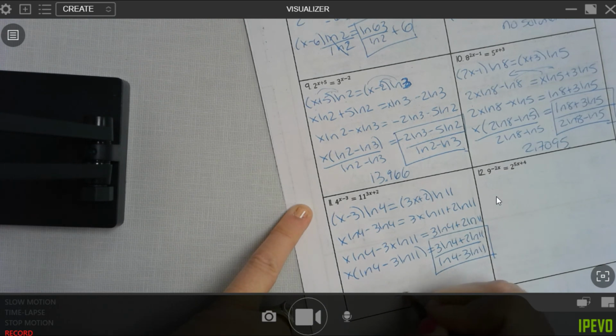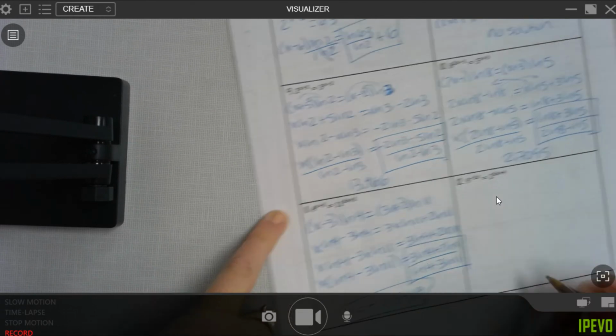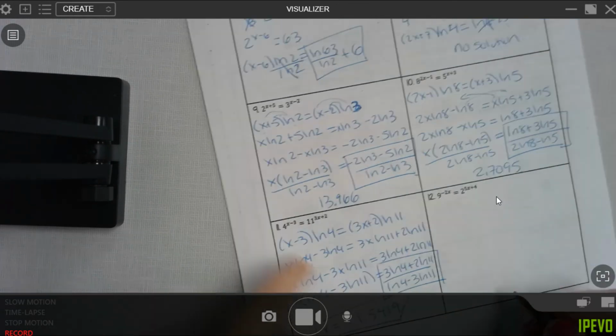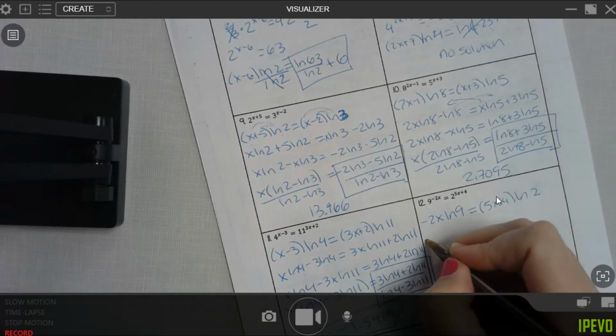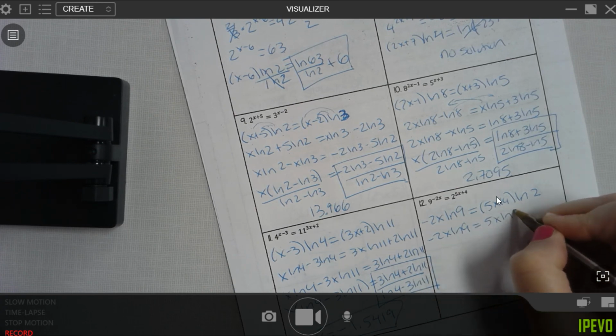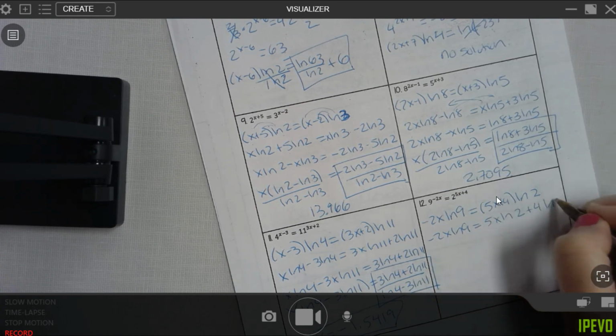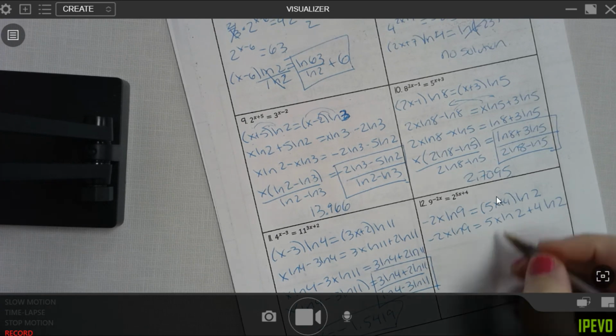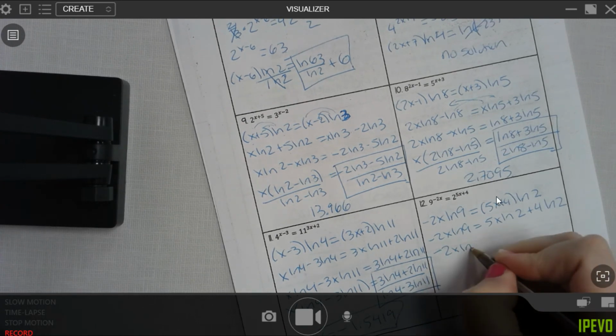So that decimal should be -1.5419. So either way is fine with me. Bring my x to the other side.